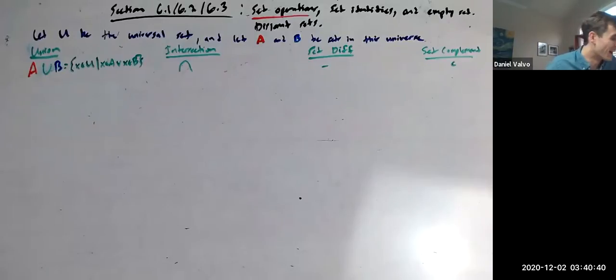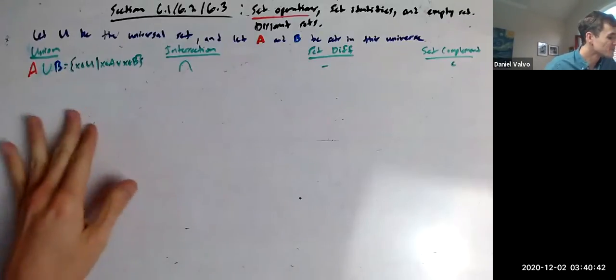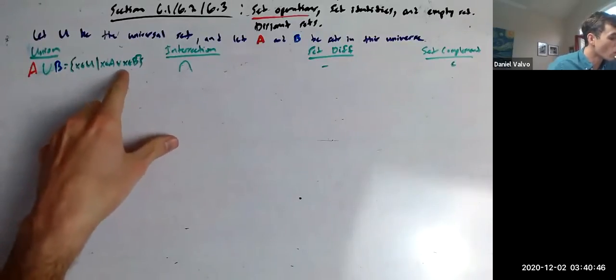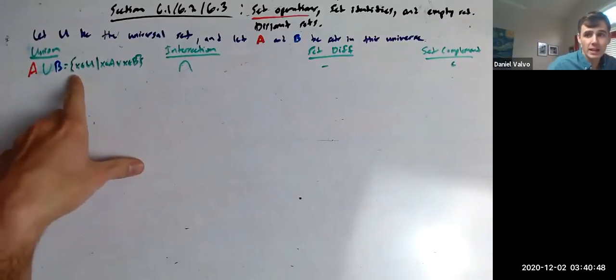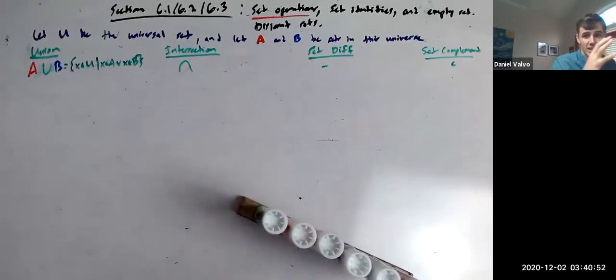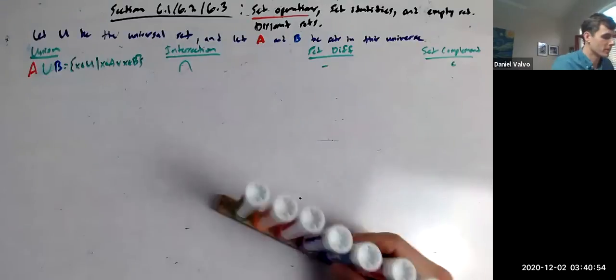The point is that if x is in A or x is in B, this set contains everything in A or B. It's both of these sets put together, so it makes it larger.